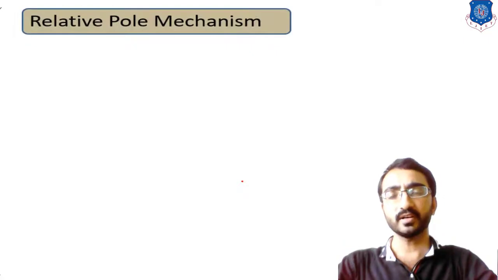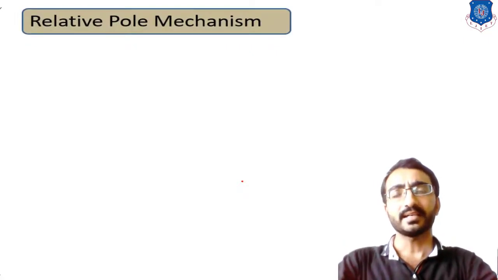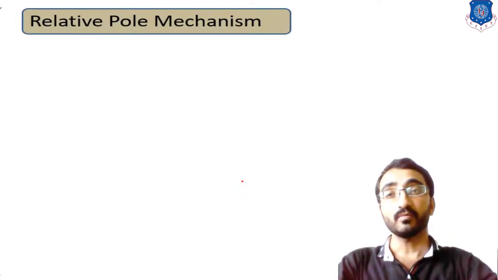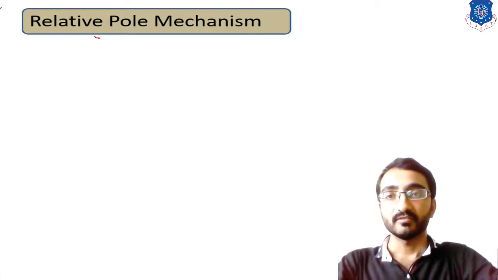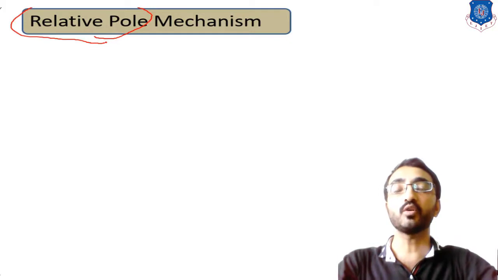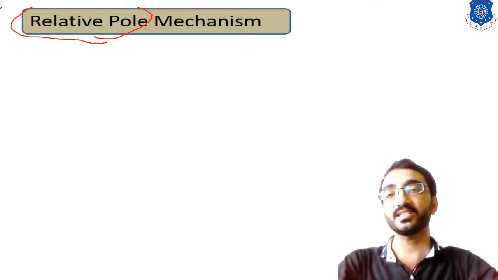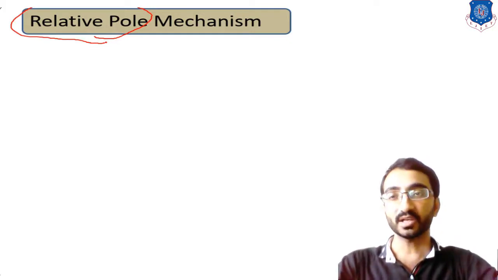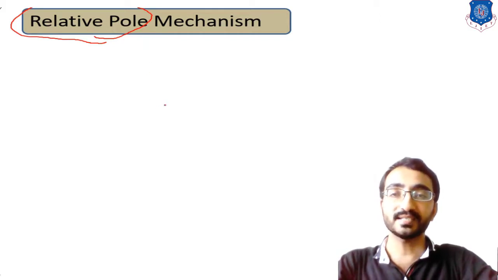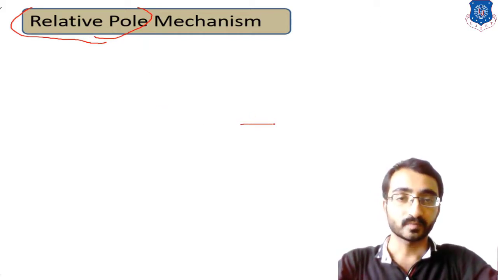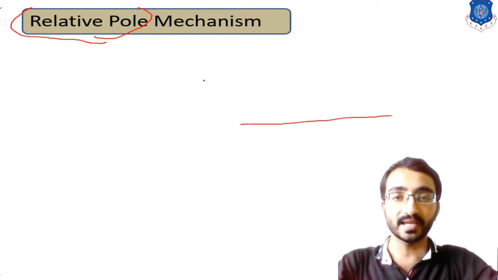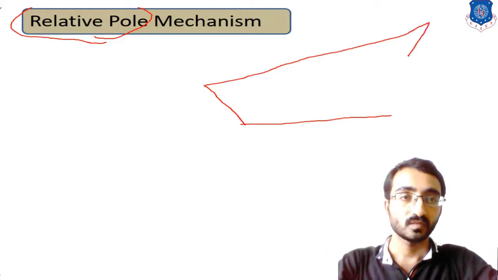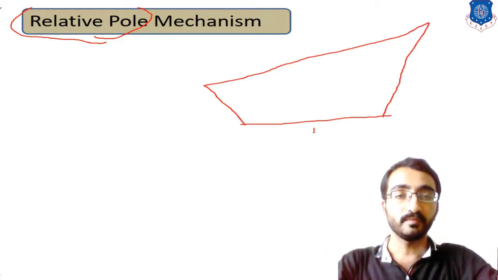For the relative pole, we have to identify a fixation point about which the mechanism is assumed to be rotating. Let's consider an example: a 4-bar mechanism with an initial position like this, made up of mainly 4 links.